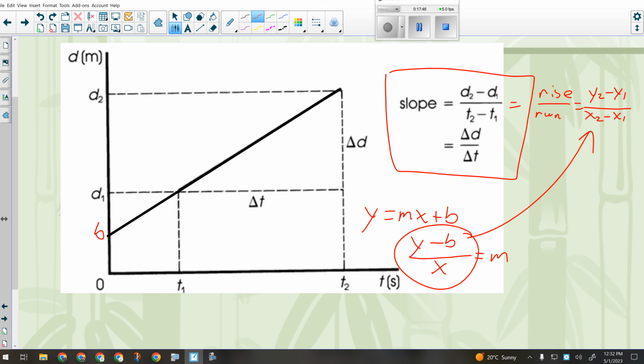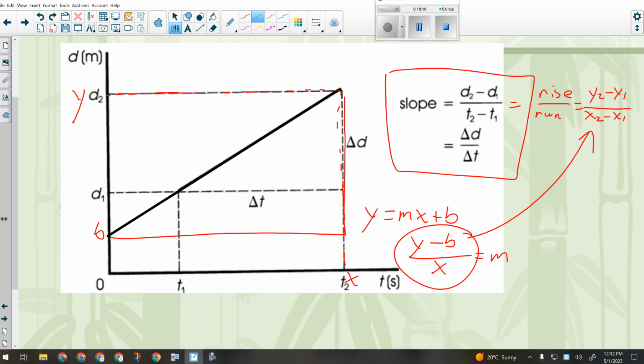Everybody okay with that? And then this up here would be y, and this would be x. So when I go y minus b, am I also calculating the rise of the graph? And when I go over x, is that the run of the graph?